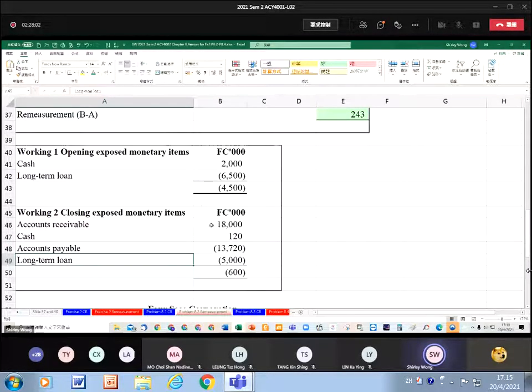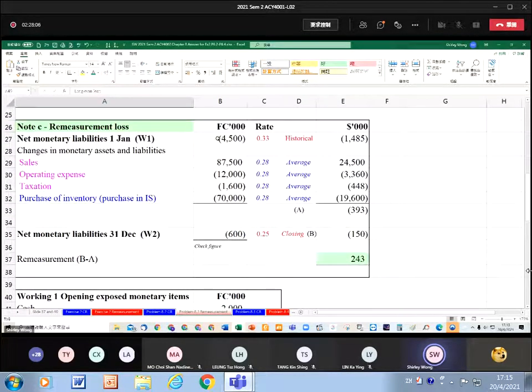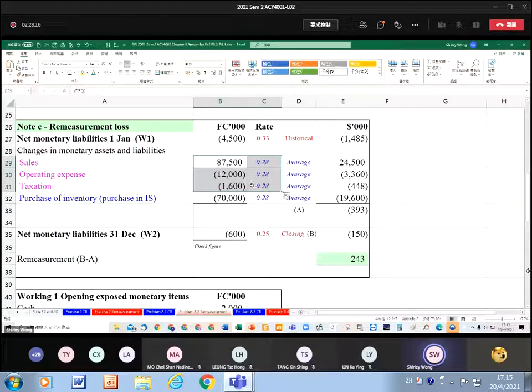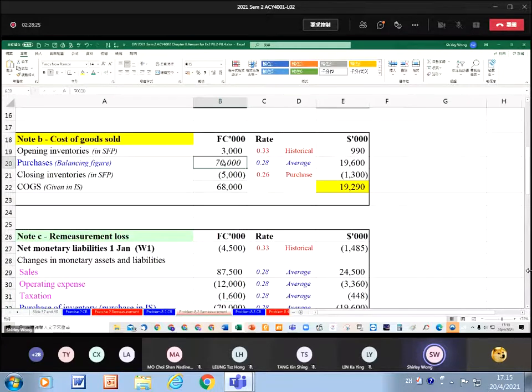So if you add it all together, it will increase from a negative 4,500 liability to 600. And then in between, we input all those that use the average rate, or those that are newly purchased. So here, we only have the newly purchased inventory, that is the purchase of inventory. This purchase, 70,000, represents this amount.